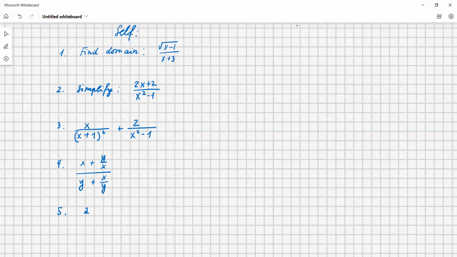Maybe I should write down the rationalized denominator first, otherwise it's not going to be clear what to do. So here we have 2x minus y divided over the square root of x minus the square root of y.